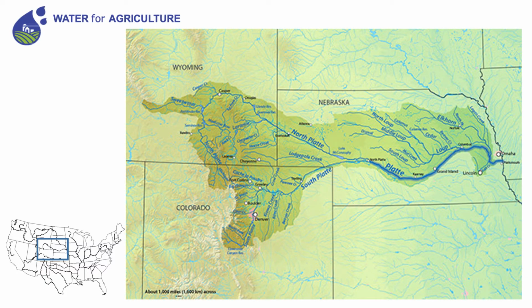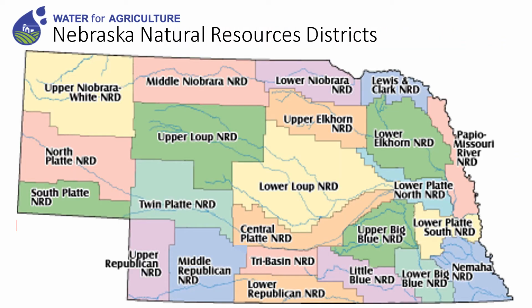The Platte River begins in Colorado, both the North Platte and South Platte, and they join near North Platte, Nebraska, to become the Platte River, and it ultimately drains into the Missouri River on the eastern side of Nebraska. So the North Platte, South Platte, and then the Platte traverse the entire state west to east. There are 23 natural resources districts in Nebraska, and several of them the Platte River flows through: North Platte, Twin Platte, Central Platte, Tri-Basin, Lower Platte South, before it dumps into the Missouri River.